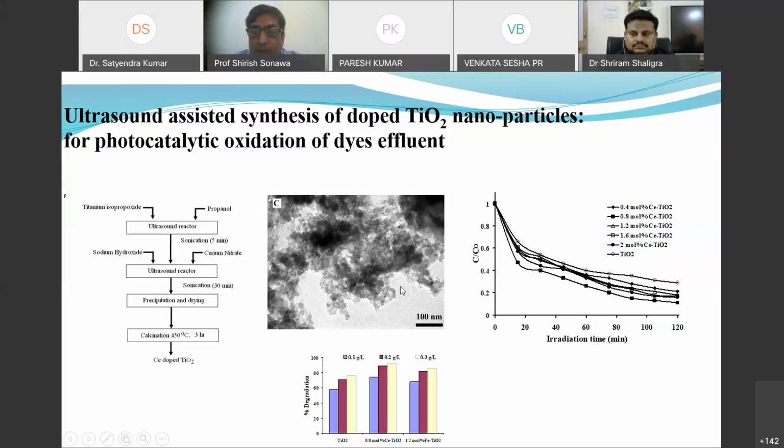So this is one application: doping of particles or hybrid inorganic particles, which you can prepare using this ultrasound cavitation methodology, and they would be in the nano size. So cerium you can dope with TiO2, Fe you can dope with TiO2, and this doping you can carry out using this ultrasonication, and then after calcination you have this inorganic particle.